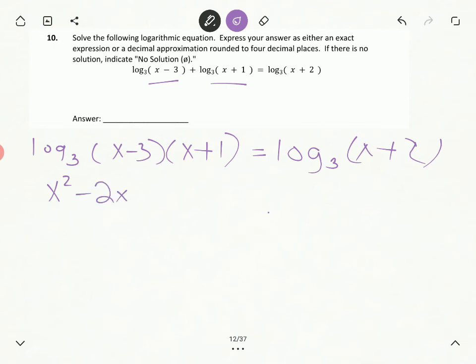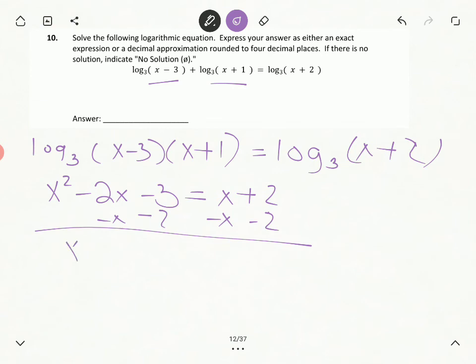So we have a is equal to 1, b is -3, and c is -5 in the quadratic formula. So we have x is equal to -b plus or minus the square root of b squared minus 4ac all over 2a.